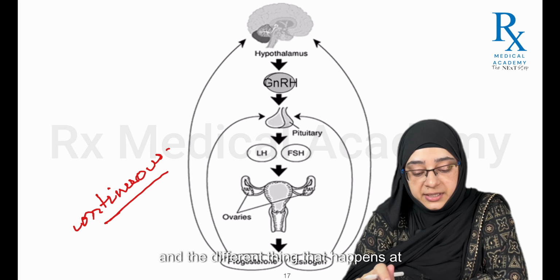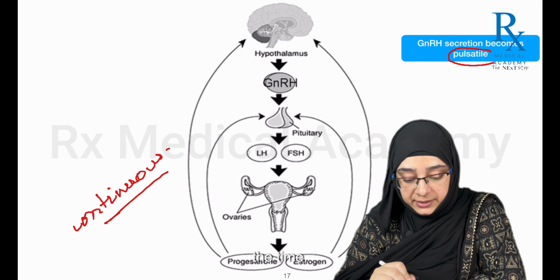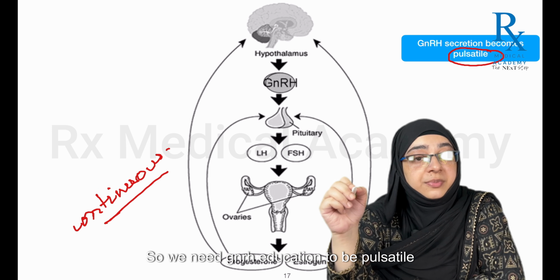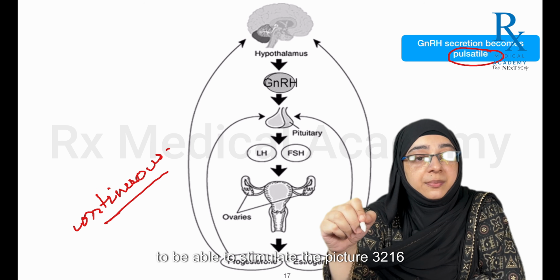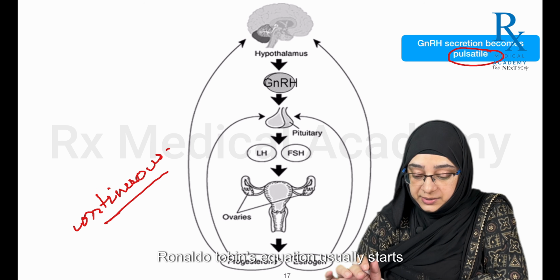And the different thing that happens at puberty is that this secretion becomes pulsatile. So we need GnRH secretion to be pulsatile to be able to stimulate the pituitary to secrete gonadotropins.